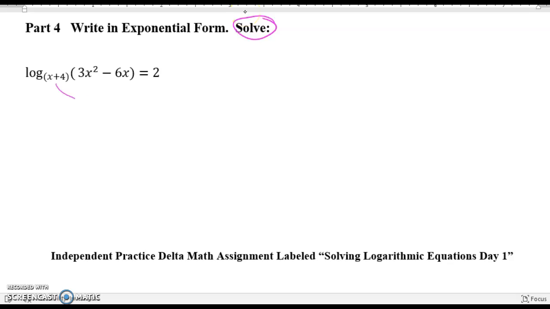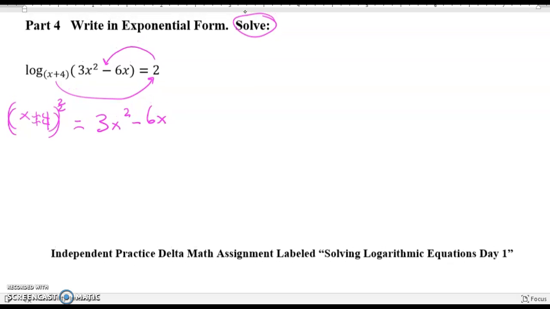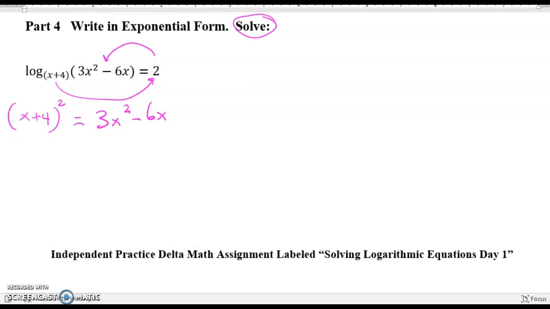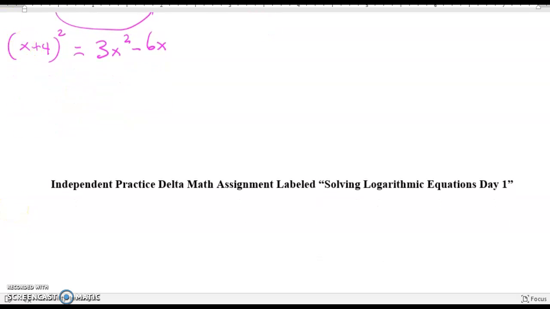It says x plus 4 squared is equal to 3x squared minus 6x. All right, on the left-hand side, we're going to have to square that. So let's write it out twice. X plus 4 squared means x plus 4 times x plus 4 equals 3x squared minus 6x.